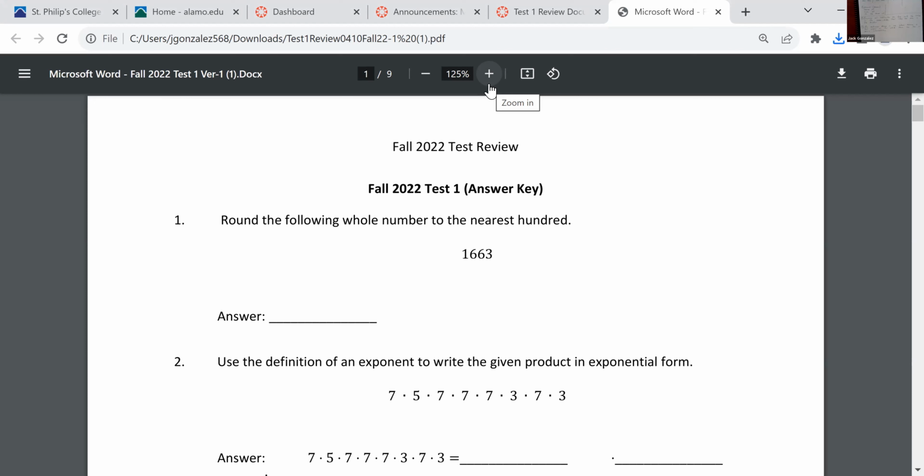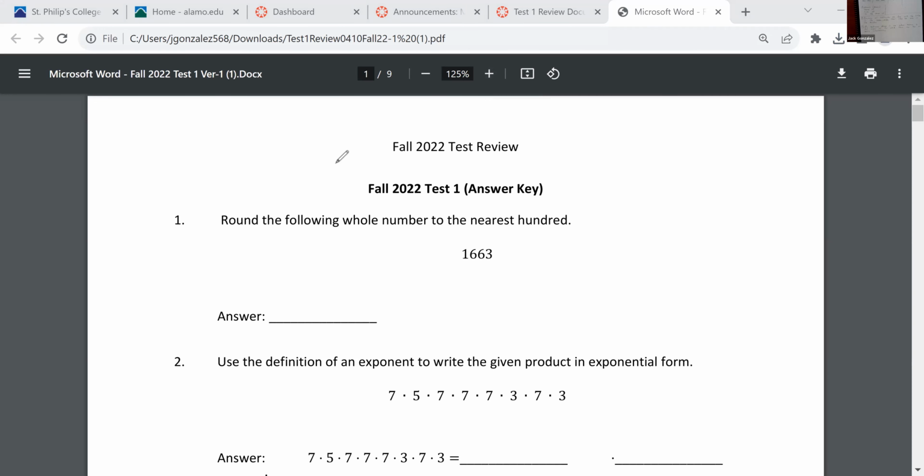Round the whole number to the nearest hundred. 1570? Well, we're rounding to 100. 1700.